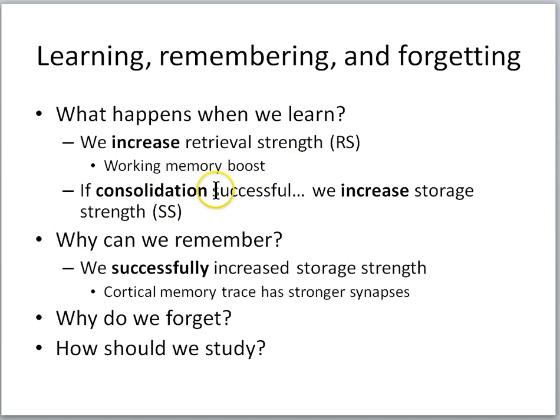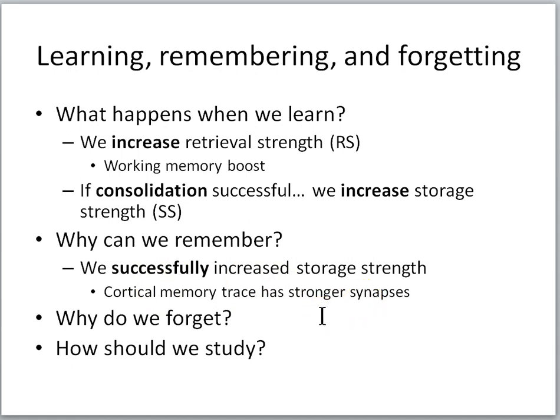Then, when biology takes over, if the consolidation processes are successful, we're going to be increasing the storage strength in the cortical memory system. Why can we remember then? Because we successfully increased the storage strength. We successfully increased the synaptic strengths of those neurons that were involved in the cortical memory trace.